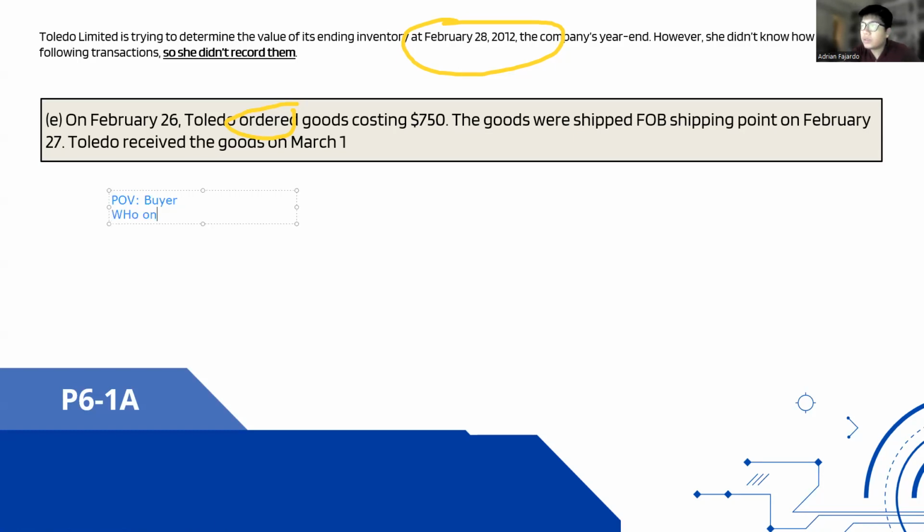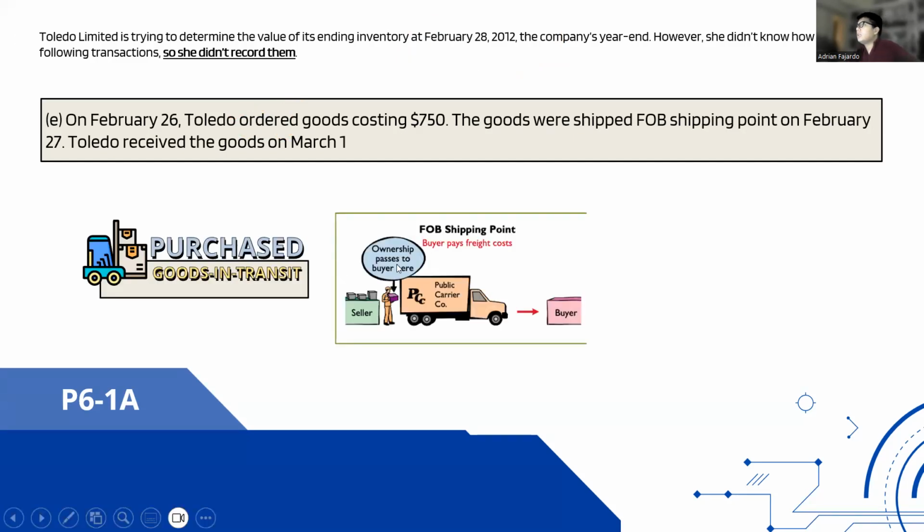Who owns the goods? The one that pays the freight. Shipping point, BSP, buyer. So, POV natin buyer, we own the goods. Therefore, it's a purchase goods in transit. Nag-pass na yung ownership natin from the time na we paid the freight here. And therefore, while it's in transit, we own it already. And therefore, we include.